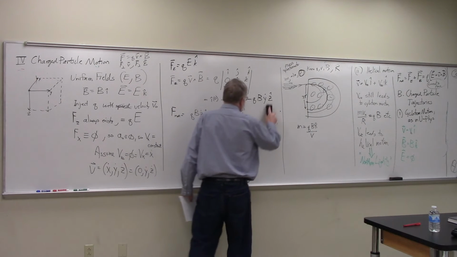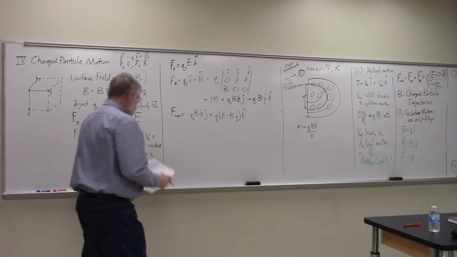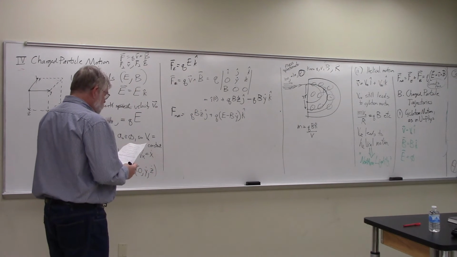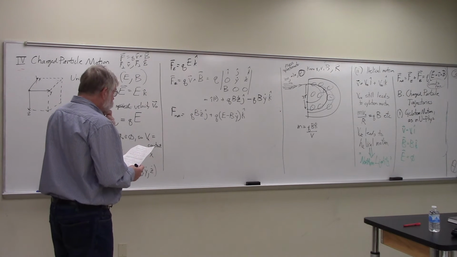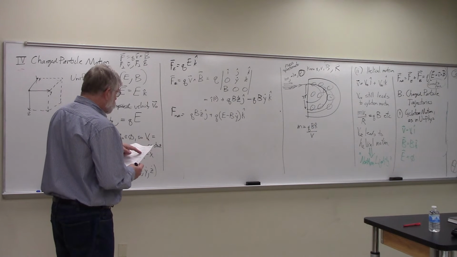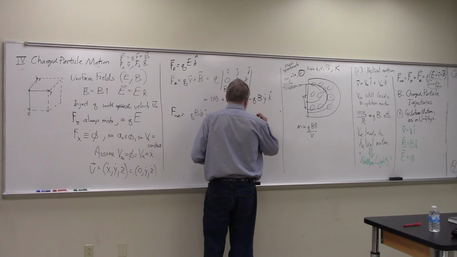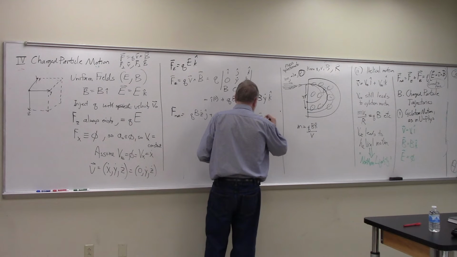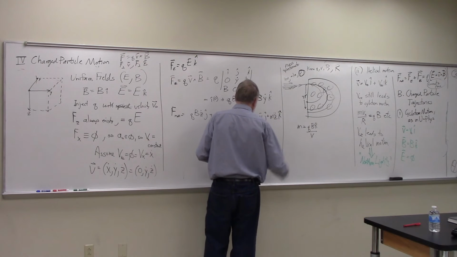See, my unit vector mistake crept up on me again. Q E Z dot, E minus B y dot. And that's equal to the mass times the acceleration, y double dot in the y direction, and z double dot in the z direction.